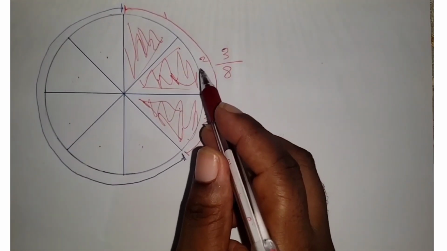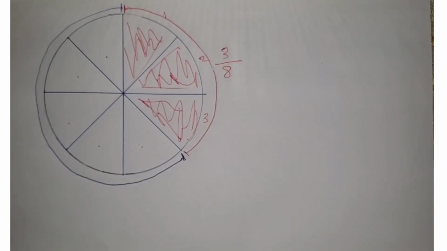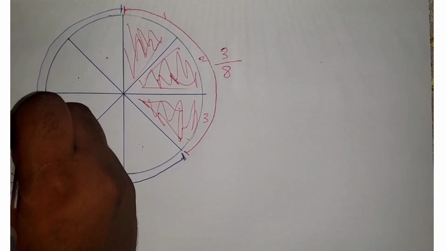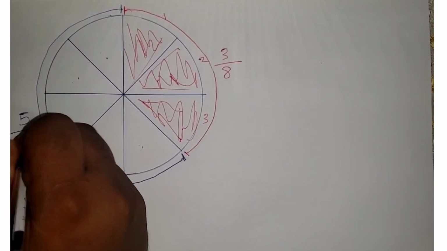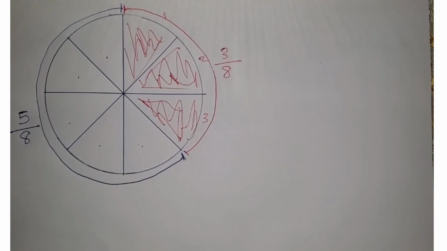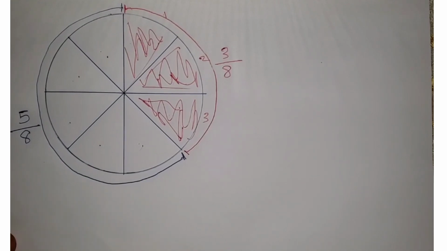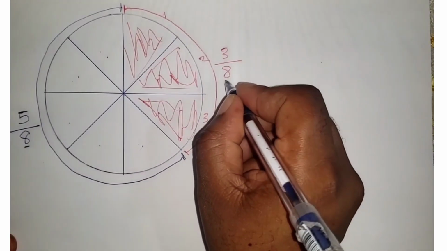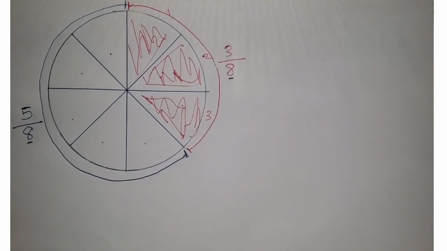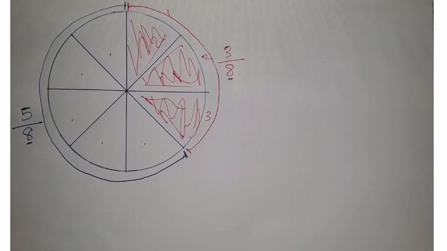So given that the neighbor got 3 of the 8s and mother has 5 of the 8s, which one of these fractions is greater? Okay, so we look at the denominator and we realize the denominators are the same. So now we need to look at the numerator to see which one is bigger.